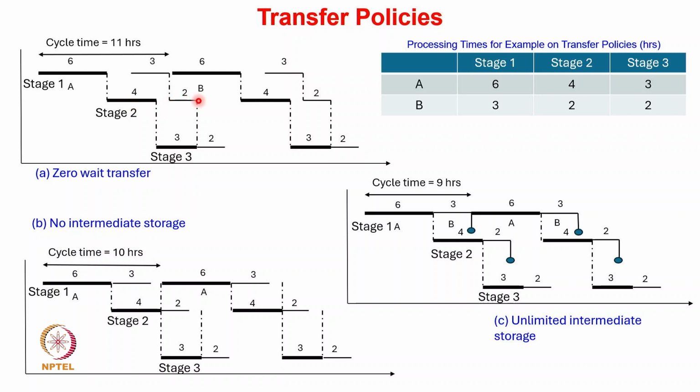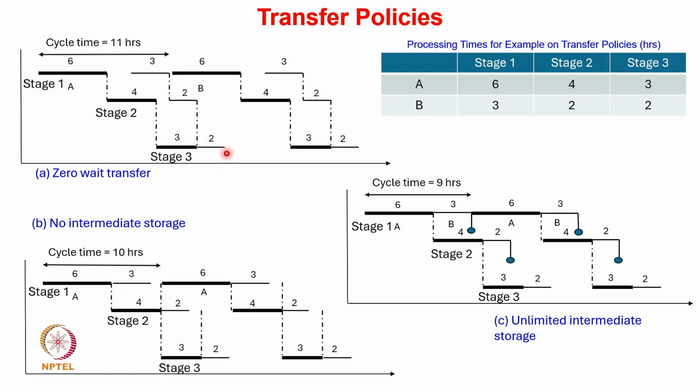So from stage 2, it then goes to stage 3, and once stage 2 for product B is completed, immediately after that stage 3 is available. So you can see that this particular time is a bottleneck here. I want to have this stage 3 available for product B immediately once it is completed from stage 2.